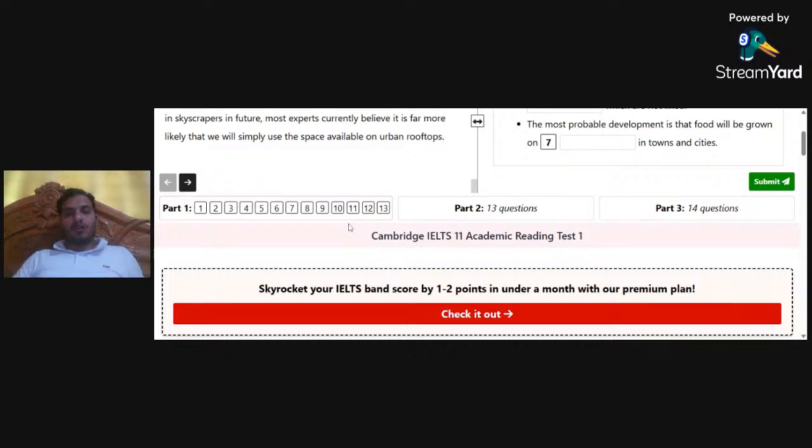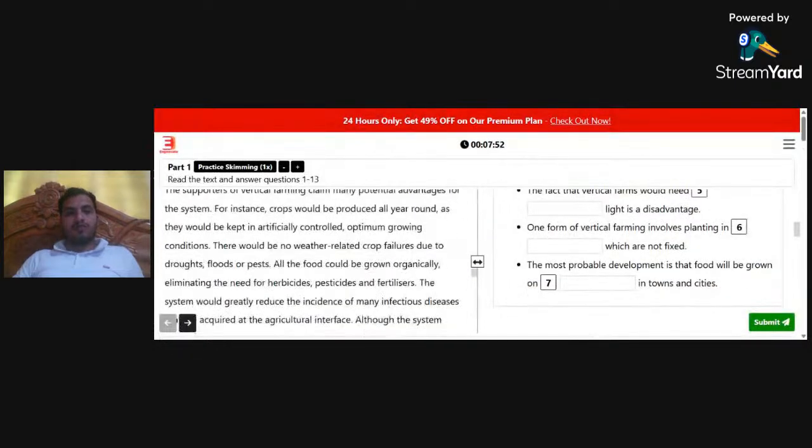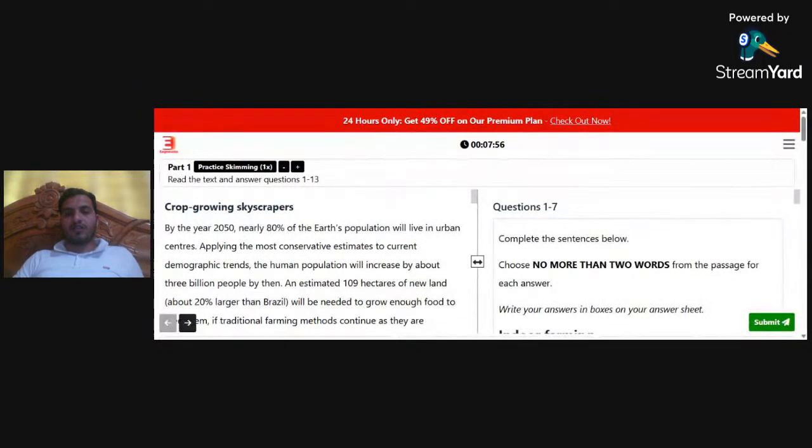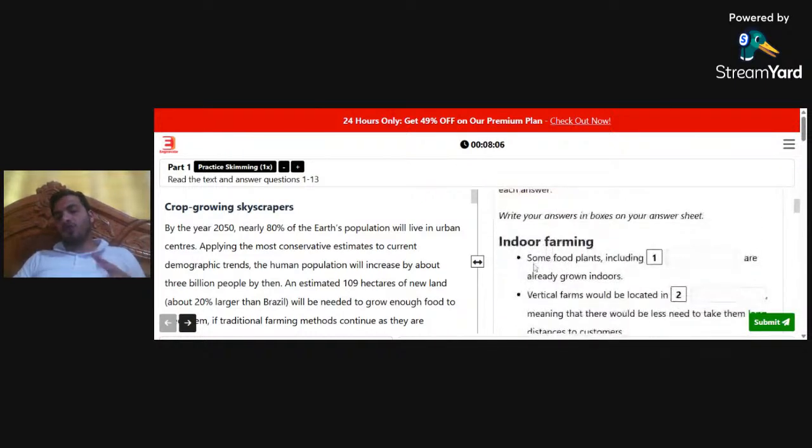So we will start from part one, and we will see that our question type is actually completing the sentences below. Remember that not every fill in the blank is the same.